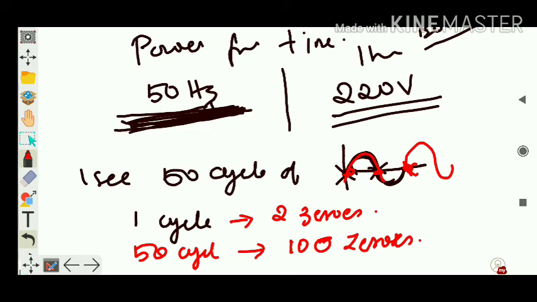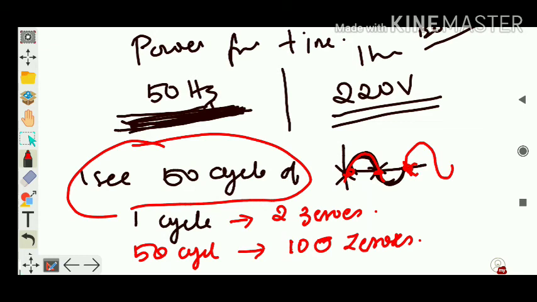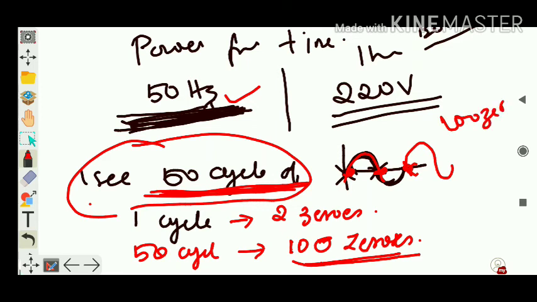I hope you understood this concept regarding the 50 hertz. 50 cycles are happening in 1 second. So in 1 second, how many zeros are coming? 100 zeros. So in 1 second, 100 times the blinking is happening, which cannot be seen by your naked eye.